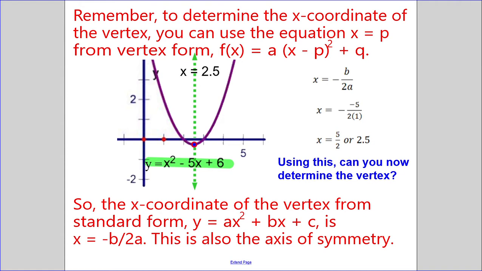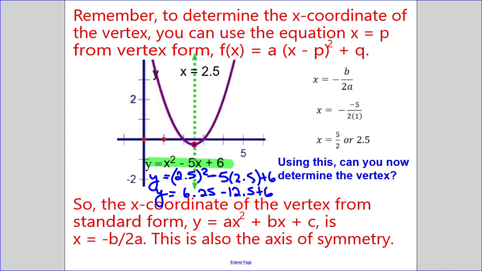Alright, so just really quickly, 2.5 squared gives us 6.25. Plugging this in, what we have here is 2.5 squared minus 5 times 2.5 plus 6. So 2.5 times 2.5 is 6.25, minus 5 times 2.5 which is 12.5, plus 6.